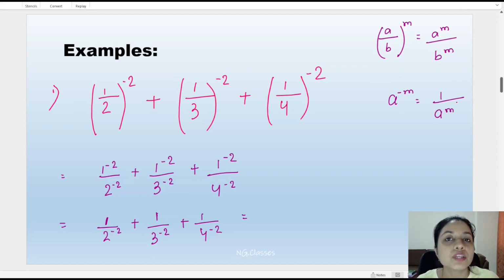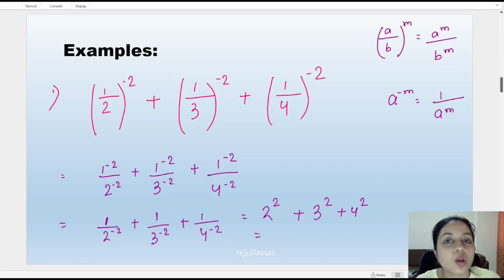That means whenever we switch the place from numerator to denominator or denominator to numerator, the exponent reverses its sign. So this 2 to the power negative 2 is sitting in the denominator. Let's switch it to the numerator. So it became 2 to the power positive 2. Similarly, 3 to the power minus 2 became 3 to the power positive 2 while shifting it to the numerator, and 4 to the power positive 2.